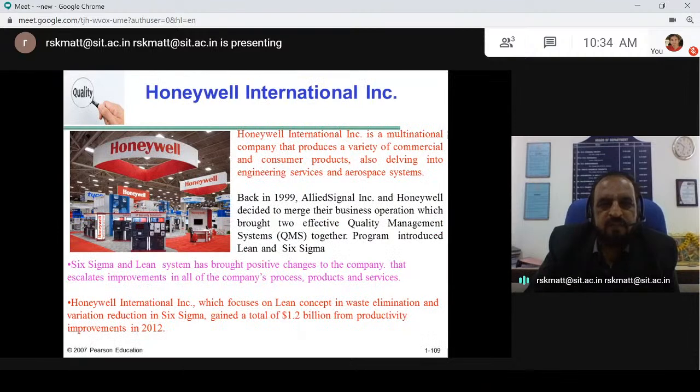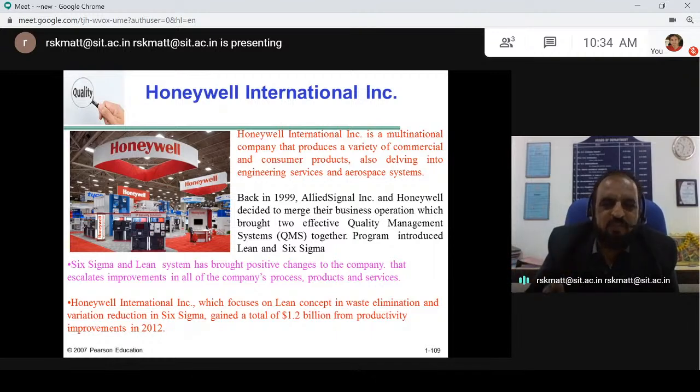Then the second industry is Honeywell International Corporation. They applied the lean concepts focused on waste elimination, and also variation reduction in Six Sigma. They applied both lean and Six Sigma. That's why I slightly changed my presentation.